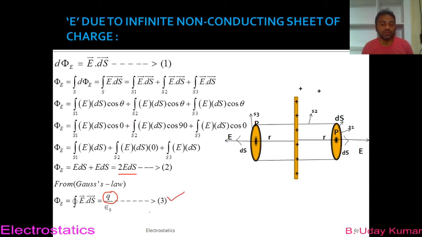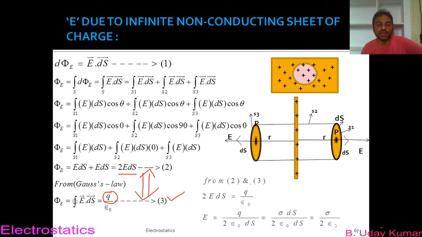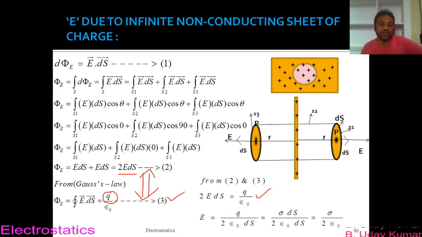From equations 2 and 3, these two are equal, and from that you get 2 E ds equals Q by epsilon 0. If you send 2 and ds to the right hand side, you get E equals Q by 2 epsilon 0 ds. But you already know, remember this is the circle that I have drawn in the earlier slide.